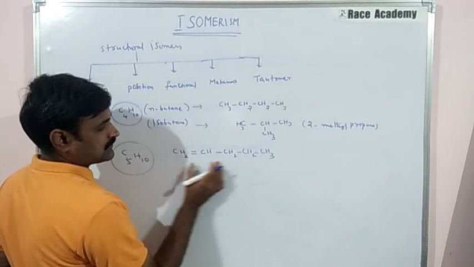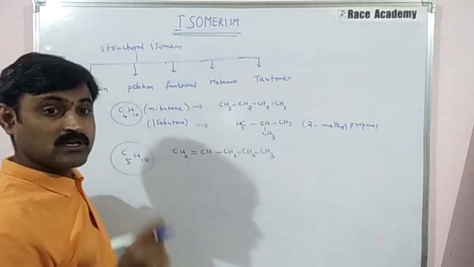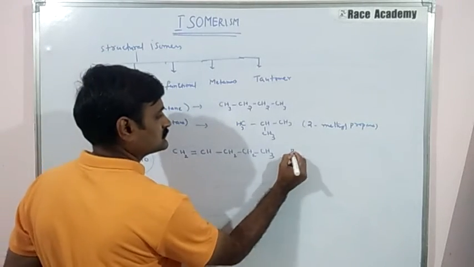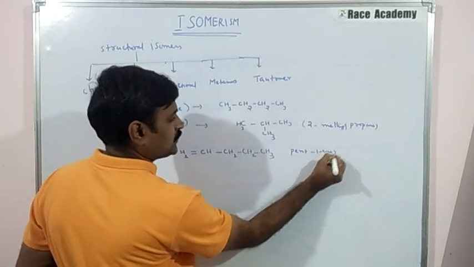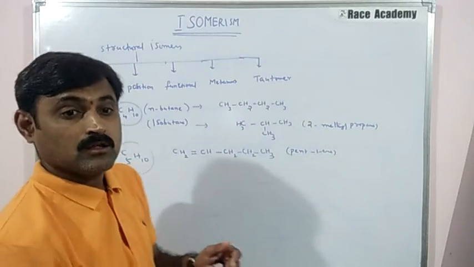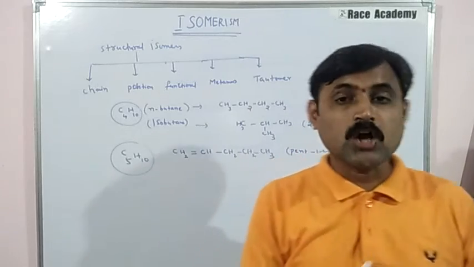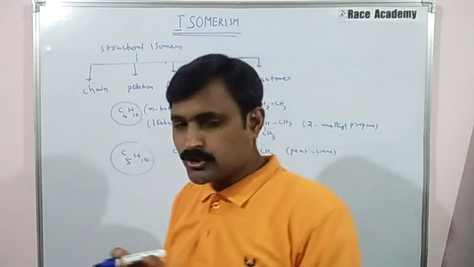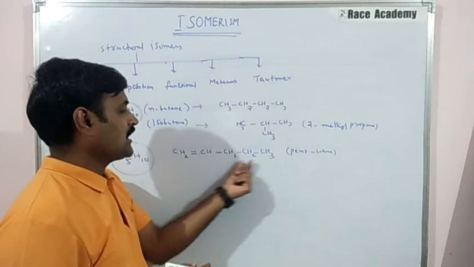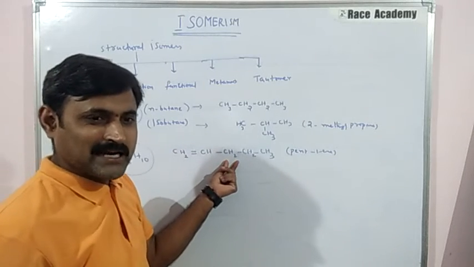There are 10 hydrogens and 5 carbons. I can call this pent-1-ene or 1-pentene. I can change the double bond location, or I can also change the carbon chain in a different manner, breaking this CH3 and putting CH3 here.